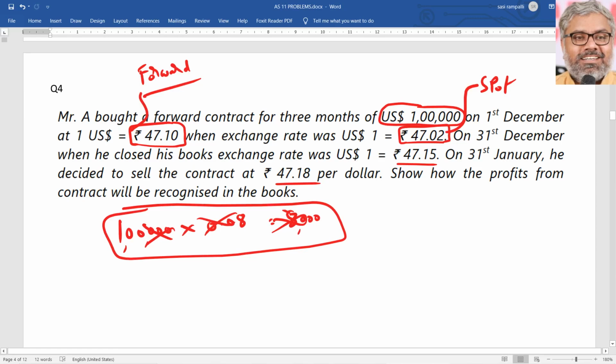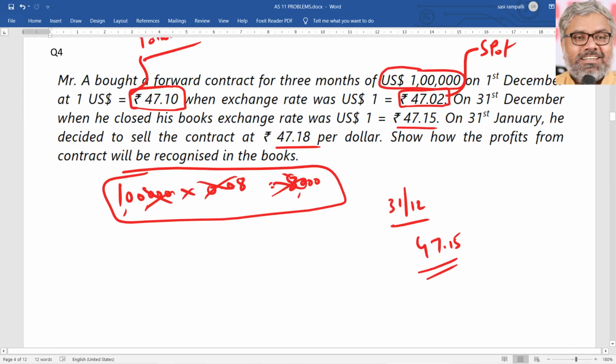But when the year end has come, that is when he closed the books on 31st December, it's clearly given here, and on that date the exchange rate was 47.15. So here Accounting Standard 11 clearly used the words mark to market.